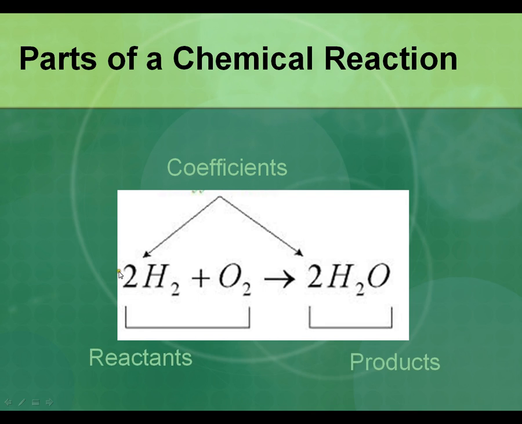These numbers in front of the chemical symbols are called coefficients, and just like in algebra, this too applies to our H2 here. So we actually end up with 2 H2 molecules for a grand total of 4 hydrogens. So that's what the coefficients are. In this case, energy is needed to combine the hydrogens and oxygens to create water, H2O.